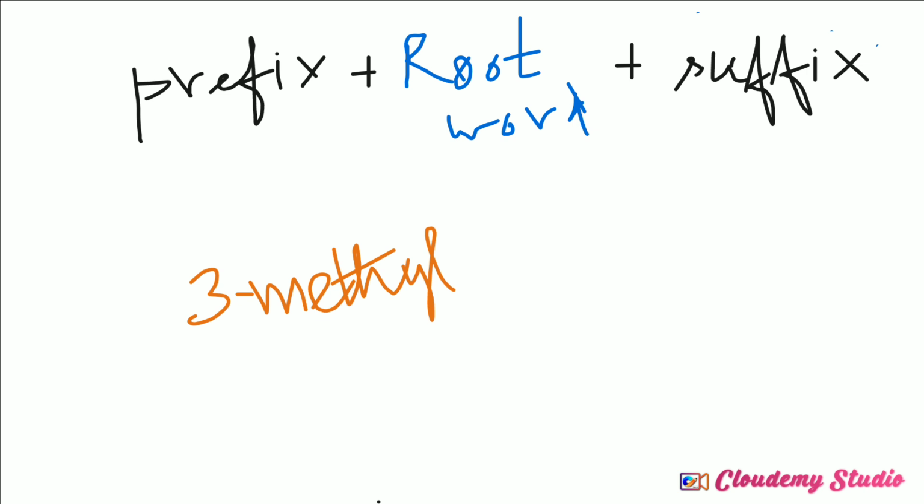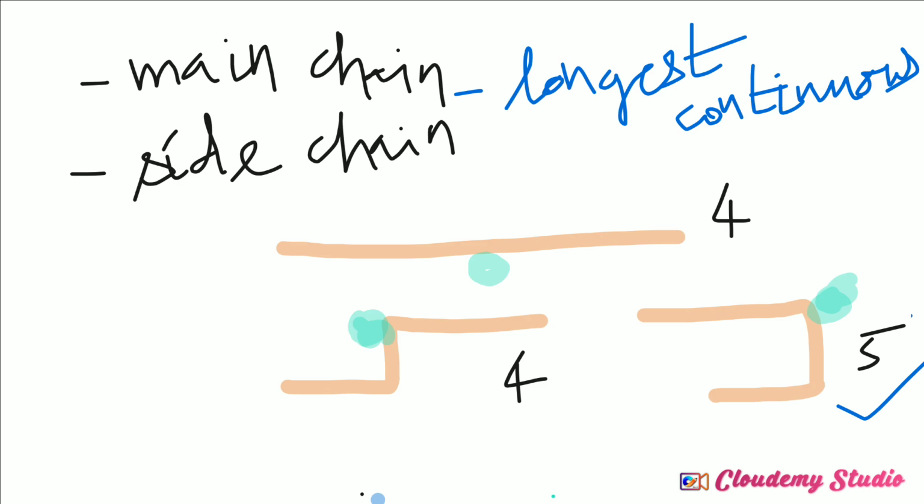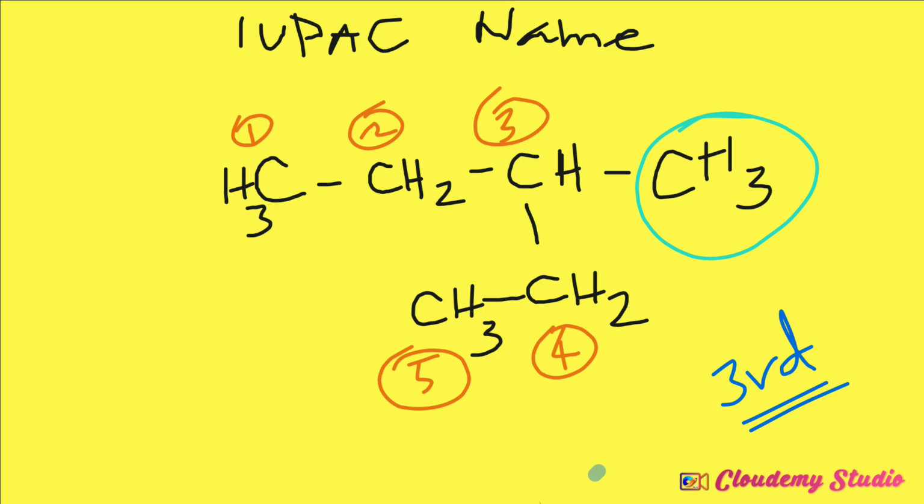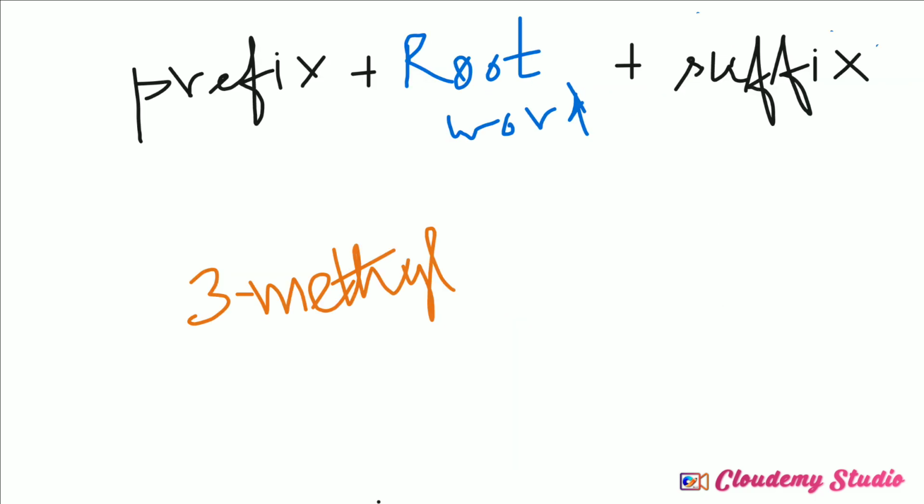The next one, the root word. For the root word, we need to find the total number of carbon atoms in the main chain. The main chain total, how many carbon atoms? 5 carbon atoms. If it is 5, the root word will be pent.